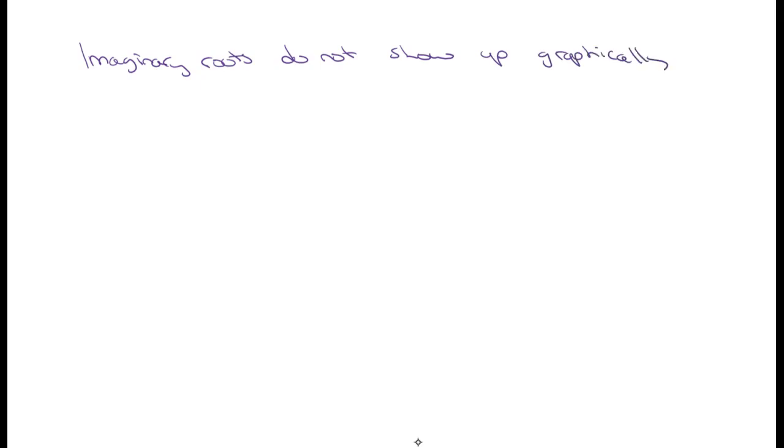So that polynomial function we just found in standard form, if you graph that on your graphing calculator, you will see that there are no roots, because the roots are here and here, and there were no other roots. So imaginary roots do not show up graphically, okay?